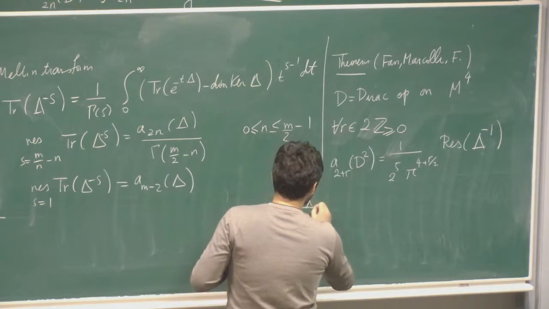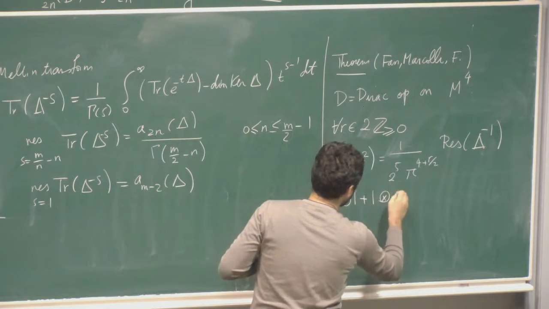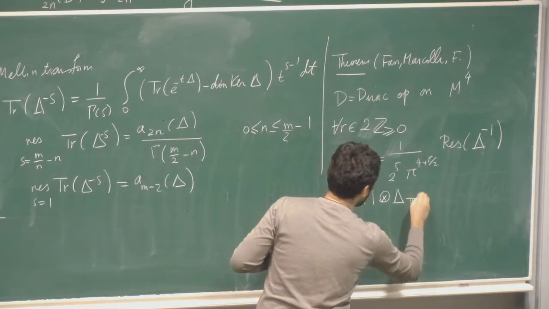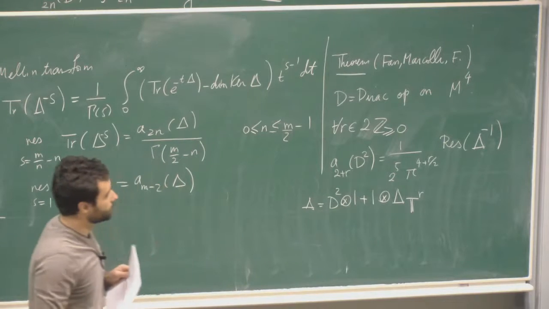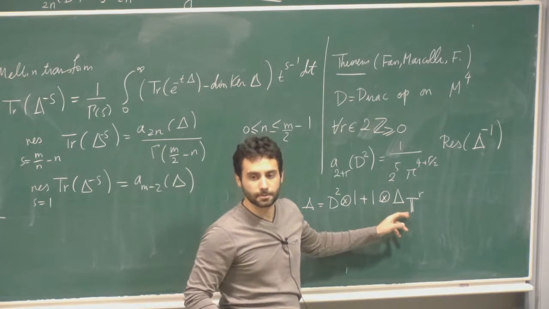This delta is simply something that you get from D squared and the flat Laplacian on the torus.